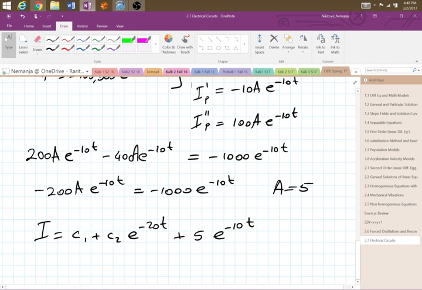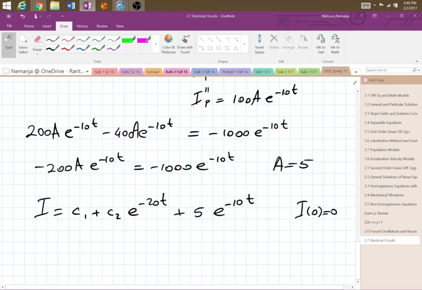So now we also have that I of 0 is 0, so we can plug that in. When we plug in I of 0 equals 0, I get 0 equal to C1 plus C2 plus 5, because when you put t to be 0, the exponentials become 1.